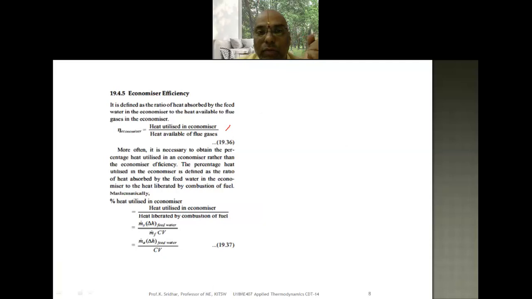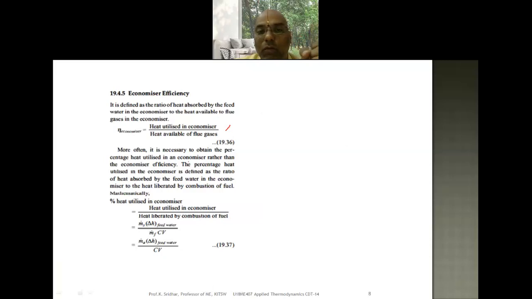This feed water will be further heated by the flue gases which are leaving through the boiler. First of all, the flue gases will pass through the superheater. Next, they will pass through the economizer. So whatever heat energy is there in the flue gases will be absorbed by the water taken as the inlet to the economizer, so that at the exit of the economizer we have somewhat hot water.